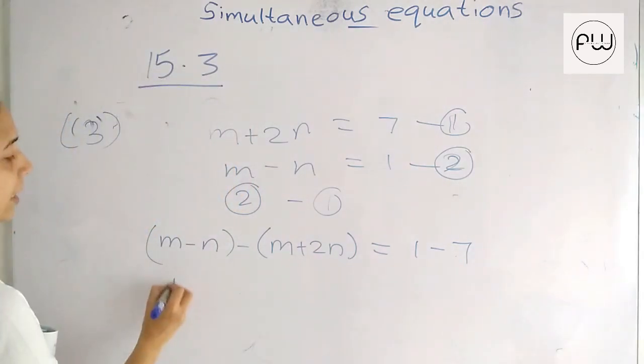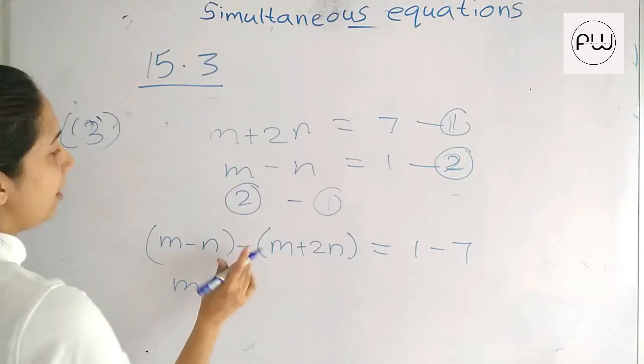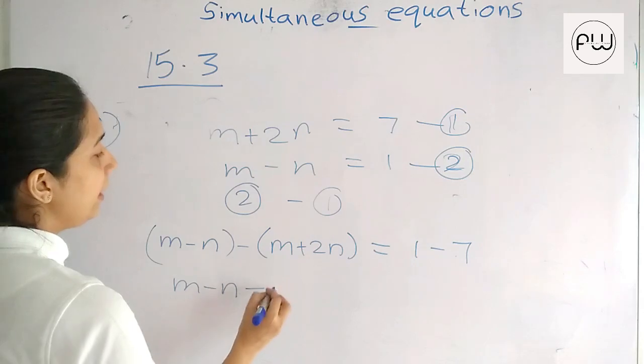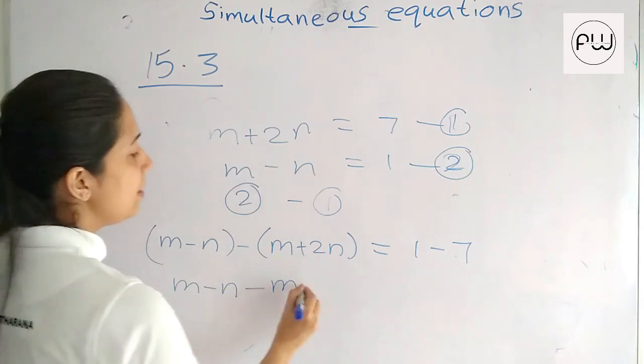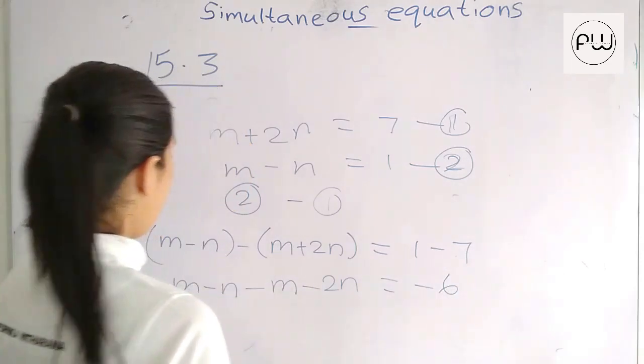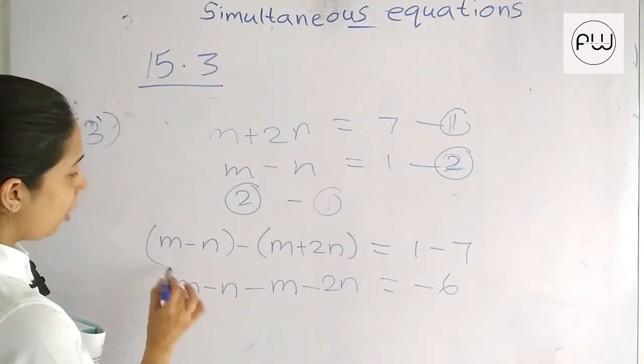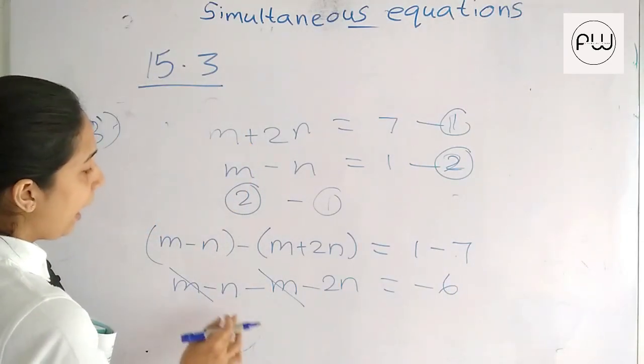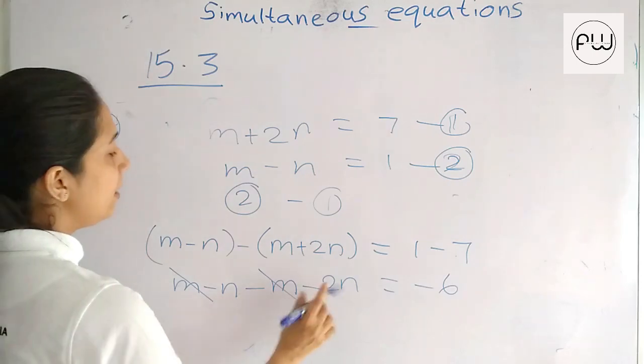Right, now let's subtract m minus n. Minus by plus, it's minus m, minus by plus again minus 2n, equal, it's minus 6. And here we can cancel out plus m with minus m.